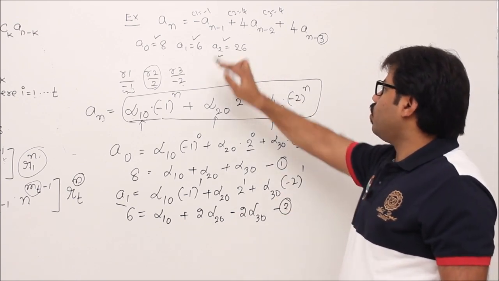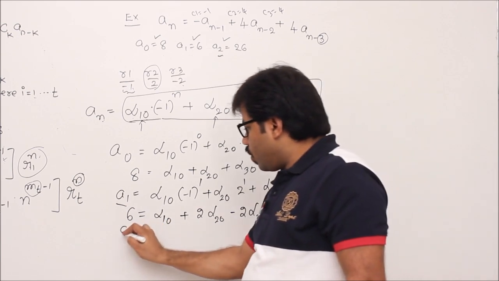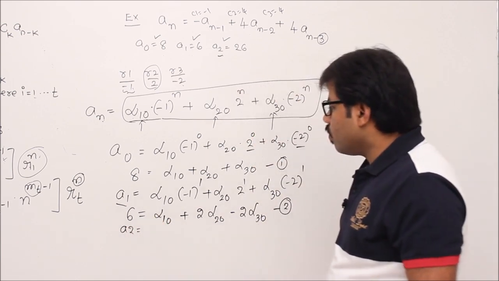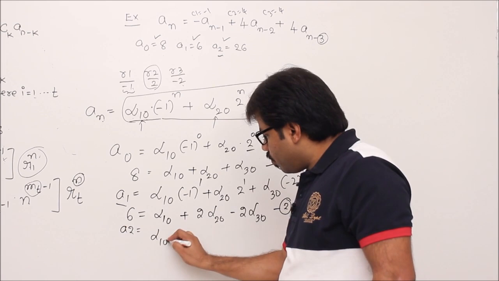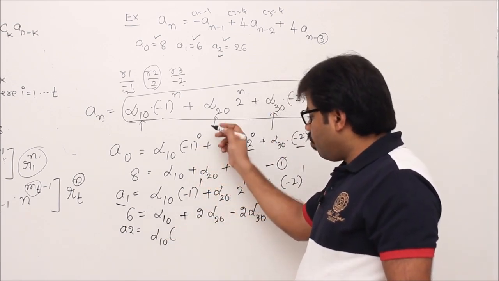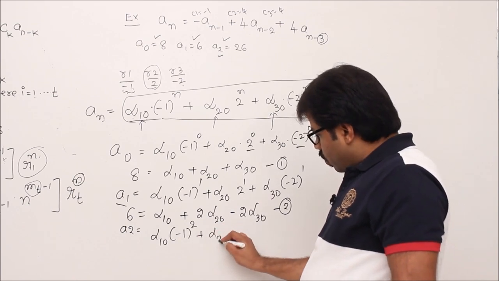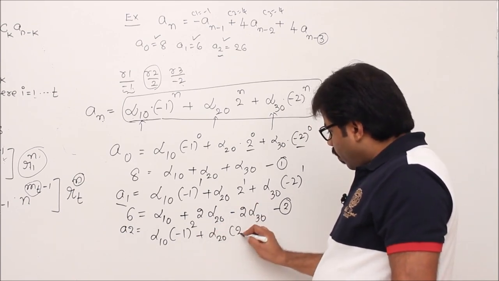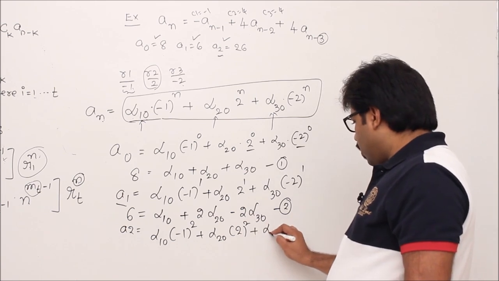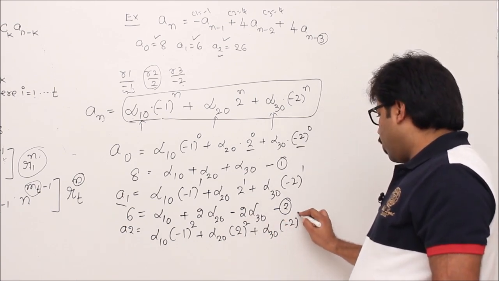Now what is the third equation? If I substitute n value 2, let's do it. Then A2 equal to alpha 1 0 into minus 1 whole power 2, correct? Plus alpha 2 0 into 2 to the power of 2 plus alpha 3 0 into minus 2 whole power 2.